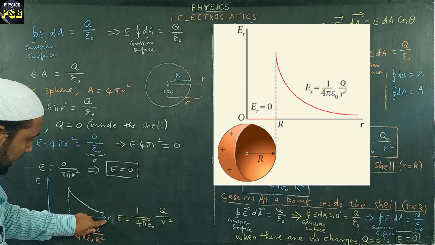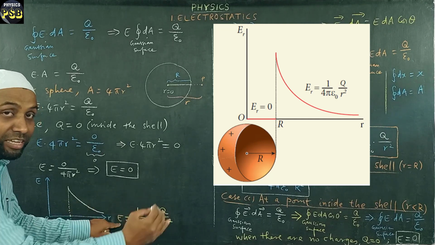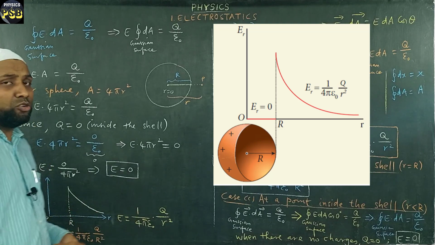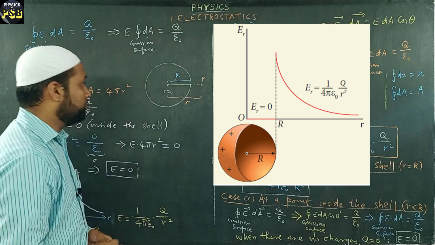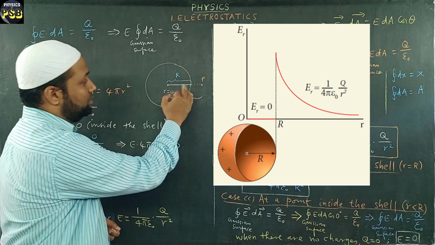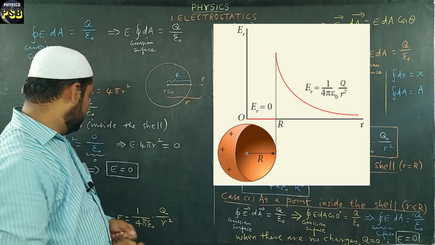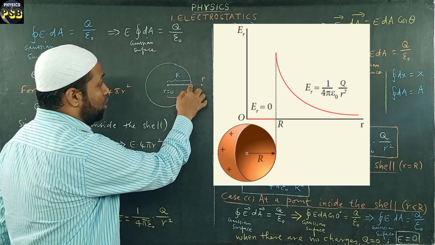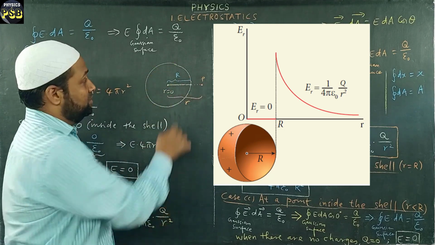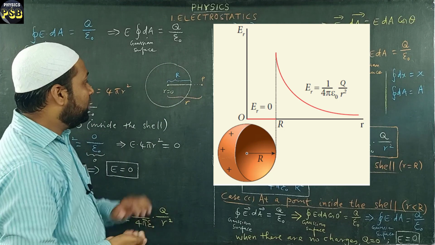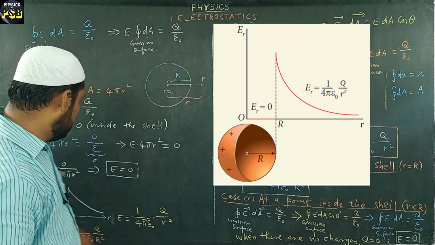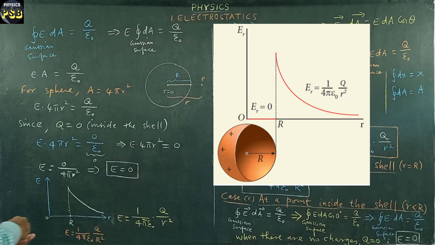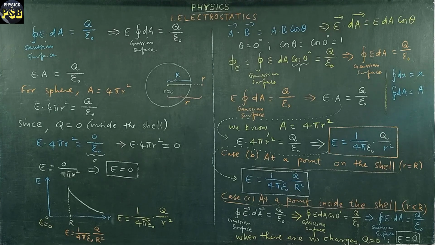At a point small r, the E value is reducing. This clearly shows that as you go away from the surface, the electric field decreases and is maximum on the surface of the charged shell. Whereas at the center, the electric field is completely 0, as I mentioned here.